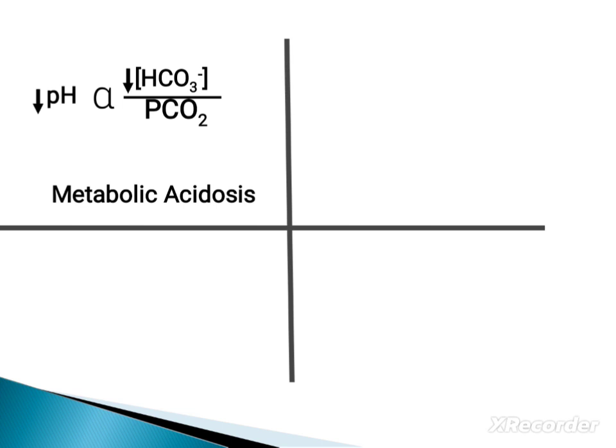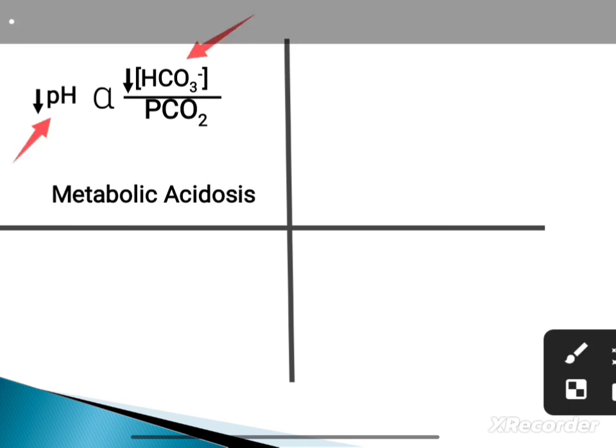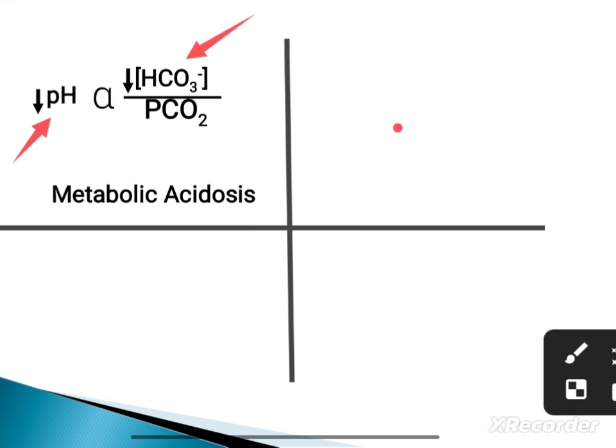Firstly, metabolic acidosis: decreased blood pH due to a decrease of serum bicarbonate level, where partial pressure of carbon dioxide is unchanged. It is metabolic acidosis.